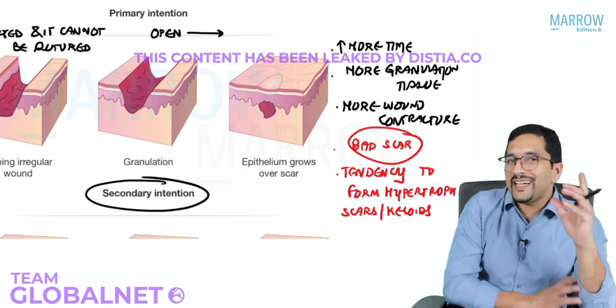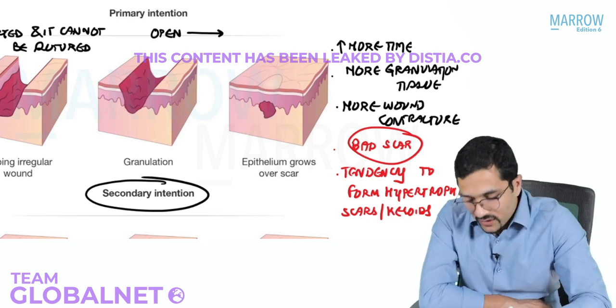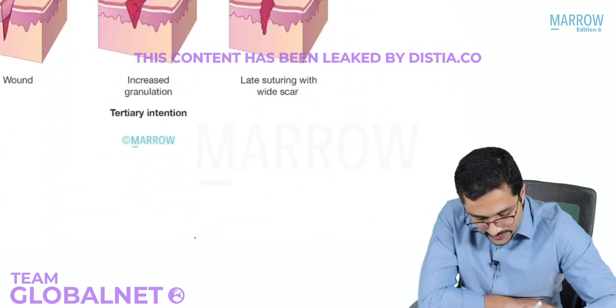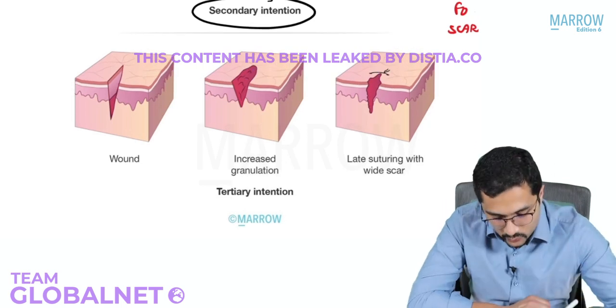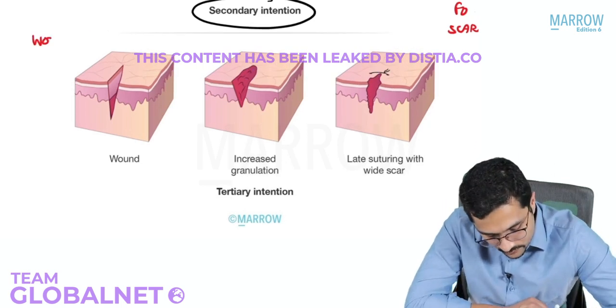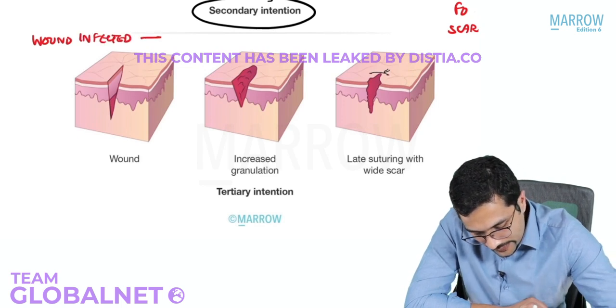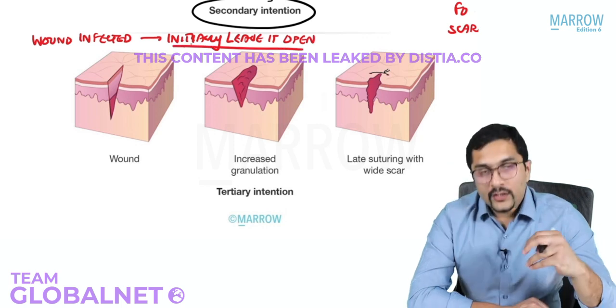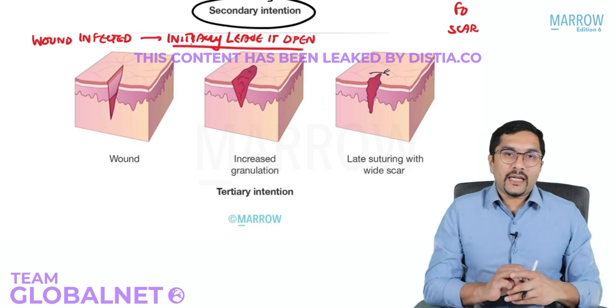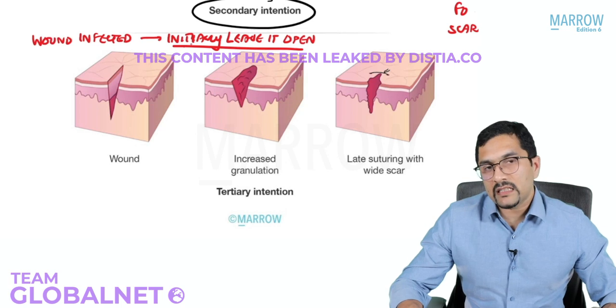Now, this is what you've read in pathology. One additional thing which we do is healing by tertiary intention. Tertiary intention is when the wound is infected, we initially leave it open and we just do dressings. This was a routine norm in the unit where I was doing my post-graduation.